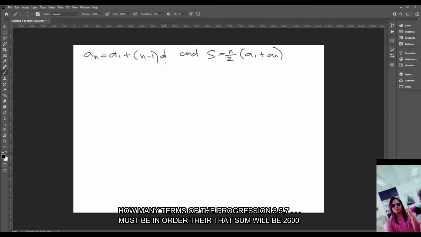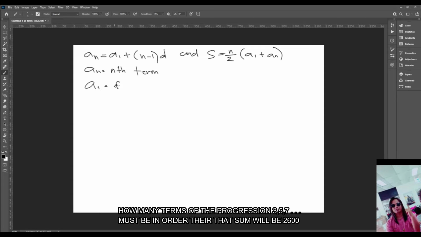So let's explain each of the variables first. an, guys, is the nth term, meaning this is the last term. And a1 is the initial term, or the first term.